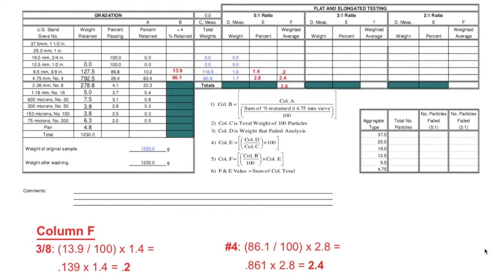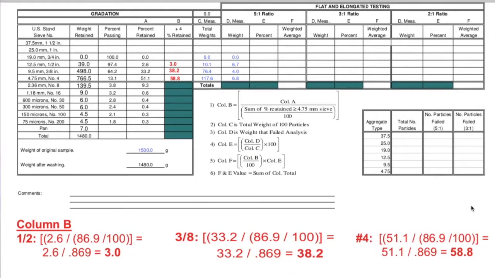So let's look at our 3/8 sieve for column F. It's going to be 13.9 divided by 100 times 1.4. It's going to yield us a 0.2. For our 4 sieve, 86.1 divided by 100 times 2.8 yields us a 2.4. Add those two values, 0.2 and 2.4, our answer would be 2.6 on 5-to-1 ratio.